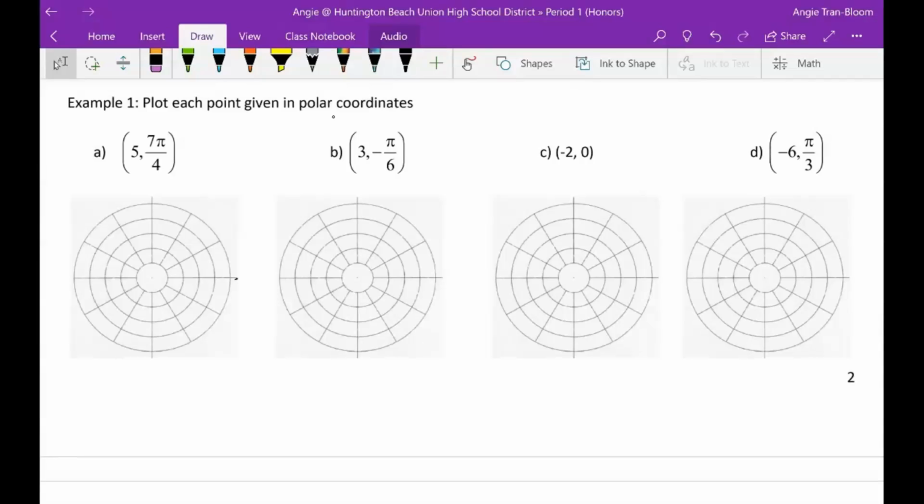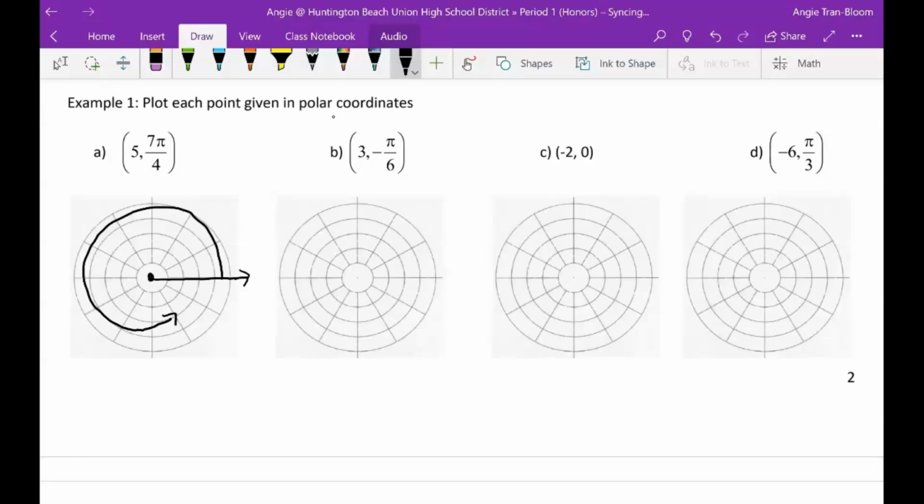Example 1. Plot each point given in polar coordinates. In your homework, if you don't have these grids printed, then make your polar axis, which is a line. You are given 7 pi over 4, so you're going to need this arrow. It tells me you are about to go counterclockwise because it's a positive radian, 7 pi over 4.